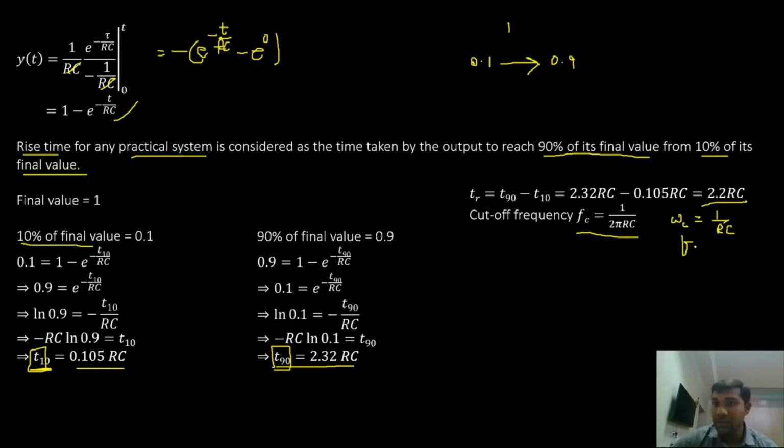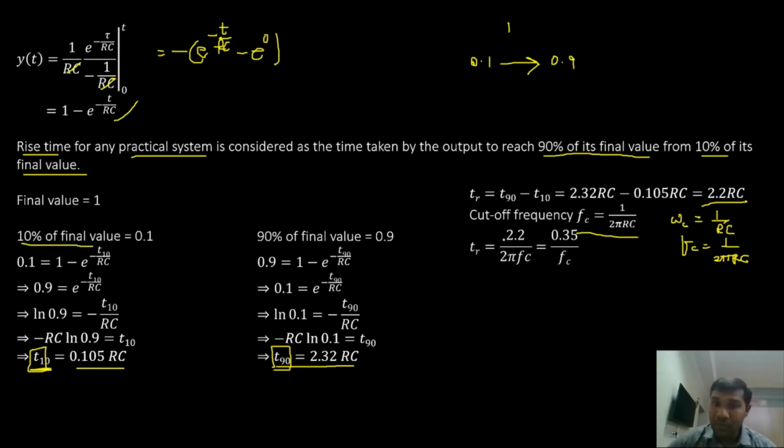That means FC equals 1 by 2 pi RC. This is in case of a practical RC low pass filter. Now in place of RC, I can substitute 1 by 2 pi FC.